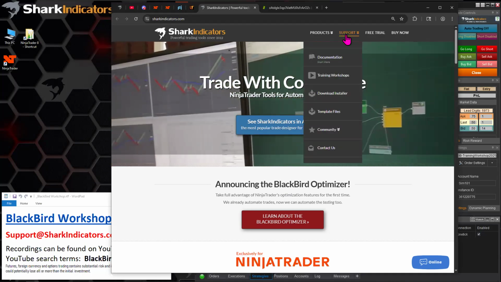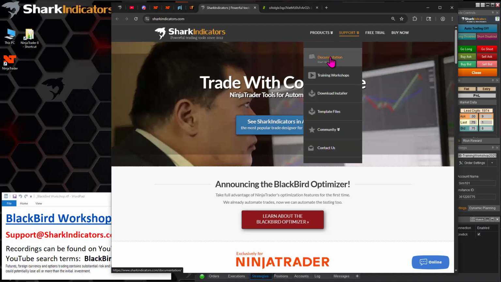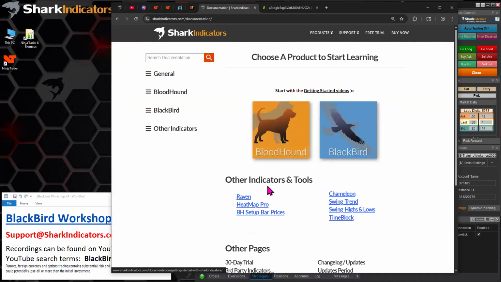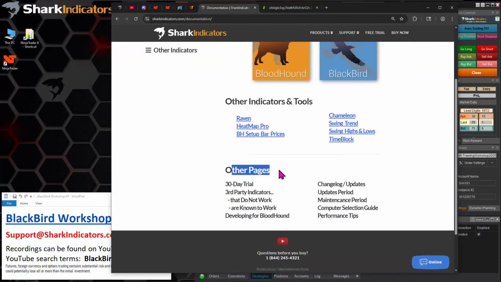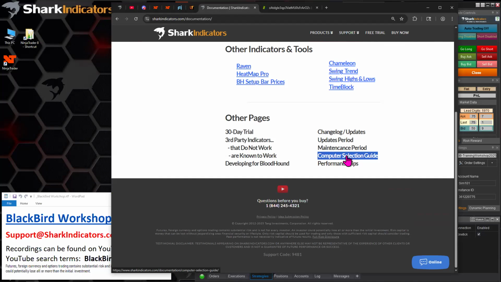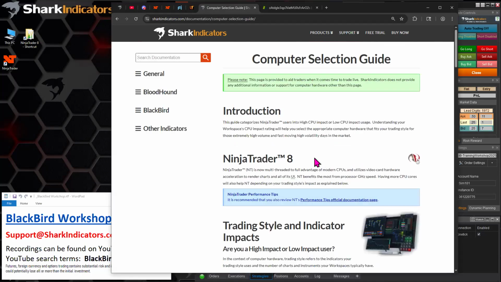So if we go to documentation, this starting page, and down here at the bottom, here we go, computer selection guide. There's other vendors out there that have good selection guides as well, so you might want to check them out so you have fully rounded knowledge.